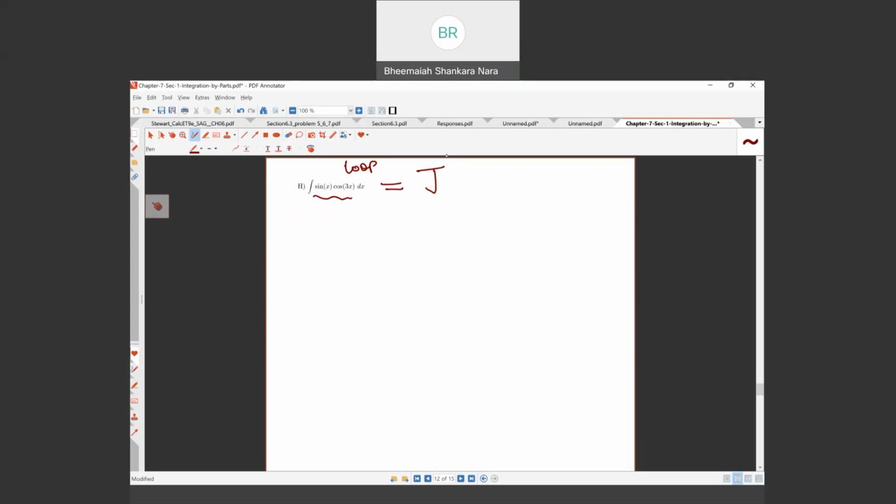So the starting looks the same. Let me make two columns, d and I. The first function I assume to be cosine 3x. The second function is sin x dx. Now differentiate the first function. We have negative 3 sin 3x. Differentiate again, negative 9 cosine 3x.